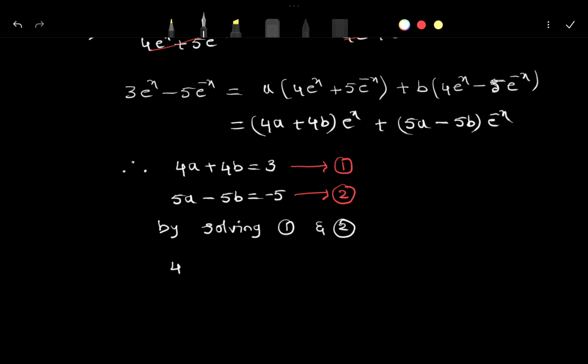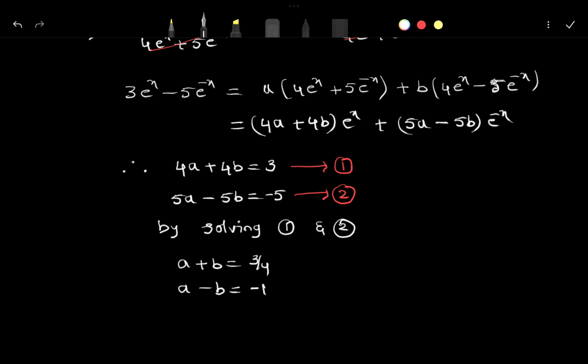See here, taking 4 as common, you can write a + b = 3/4. And the next one is a - b = -1.